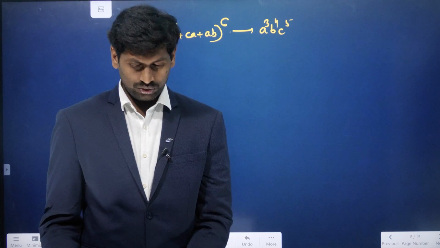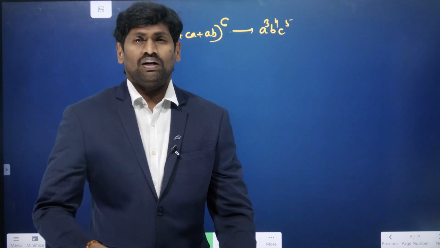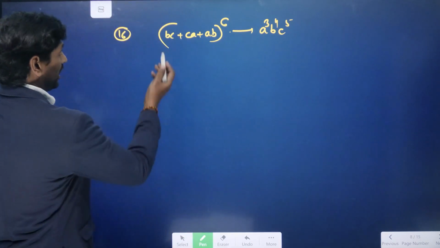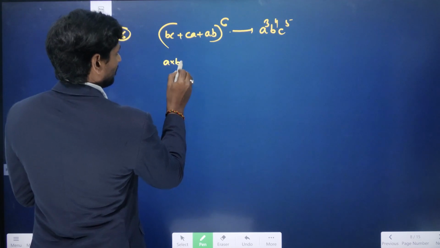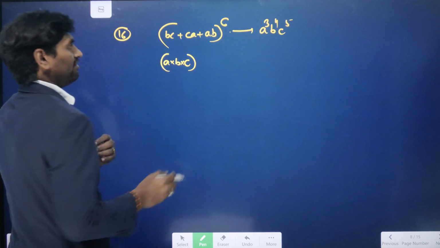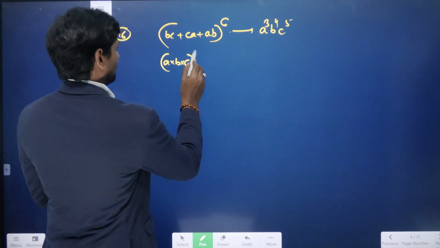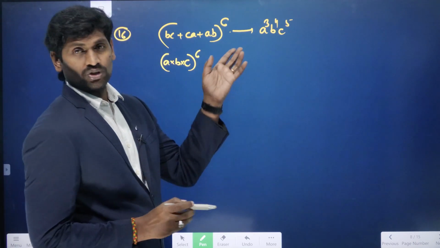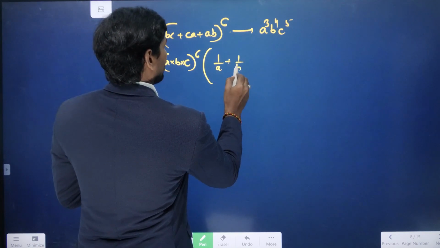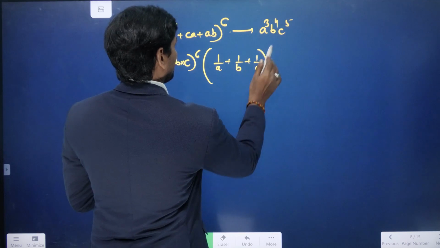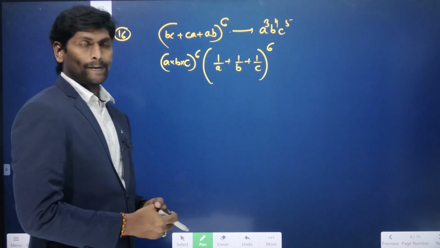So let us use the multinomial concept. Now I am going to multiply and divide by (abc) whole to the power of 6, that means a into b into c whole to the power of 6. Then it will be (1 by a plus 1 by b plus 1 by c) whole to the power of 6.